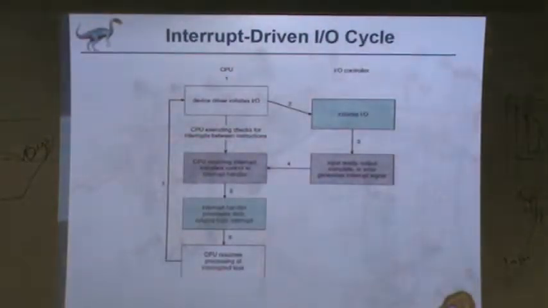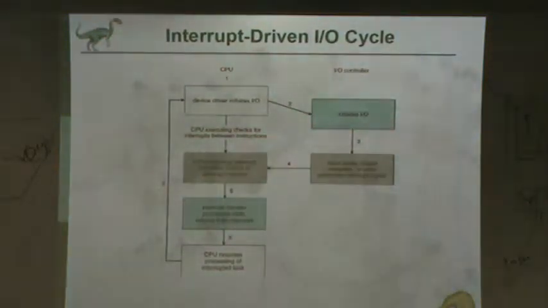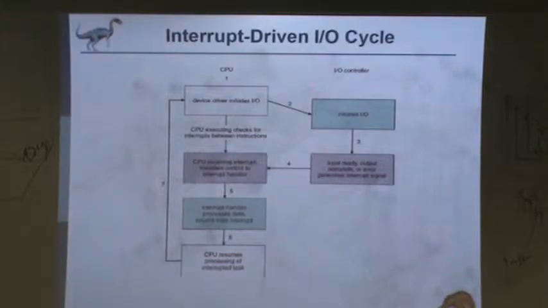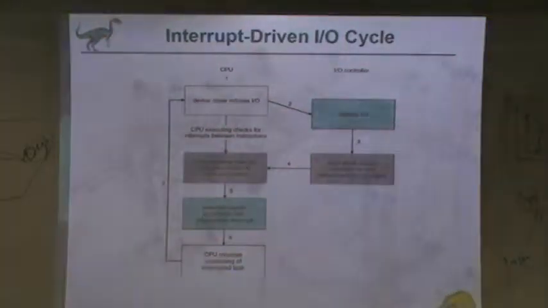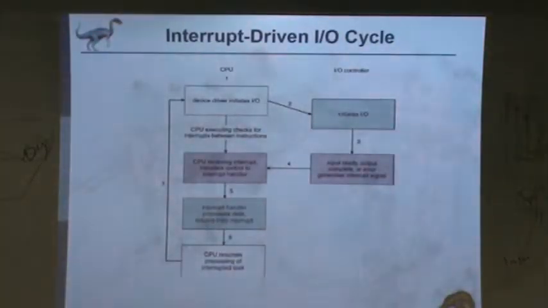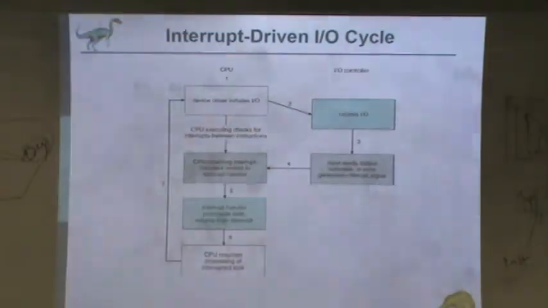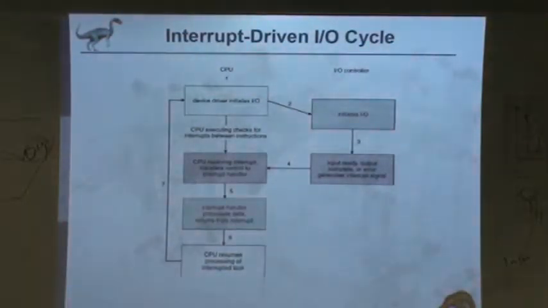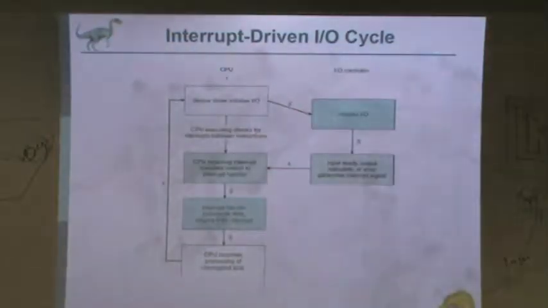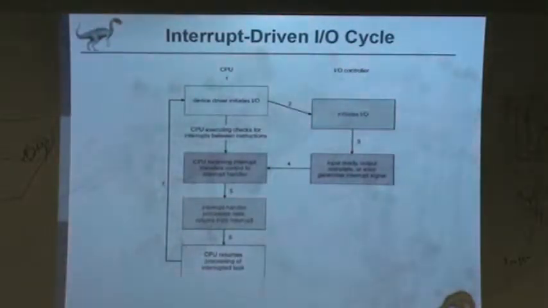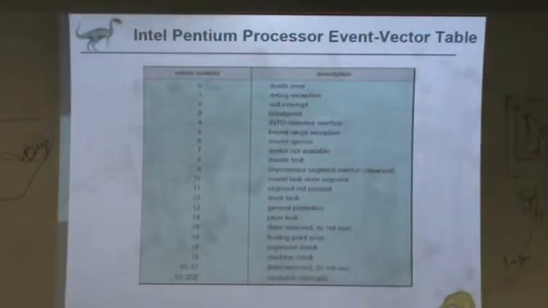Then the request message is sent, and it will process the symbolic address to the physical address, read the data and return it to the CPU. That is the basic idea of the interrupt-driven I/O cycle.